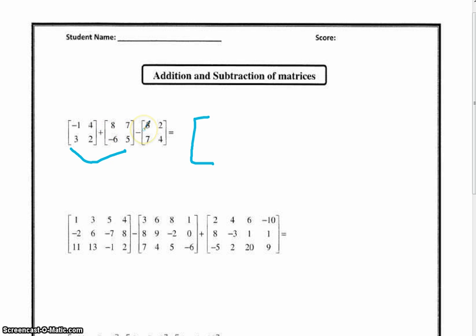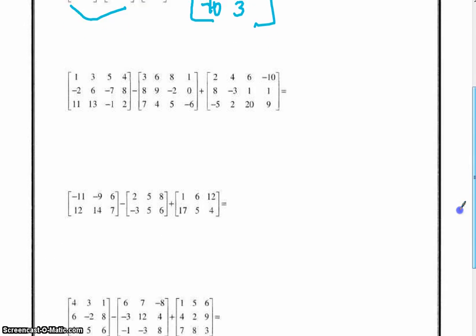Punch all that in your calculator if you want, or do it in your head. -1 plus 8 is 7, minus 3 is 4. 4 plus 7 is 11, minus 2 is 9. 3 plus -6 is -3. -3 minus 7 is -10. 2 plus 5 is 7, minus 4 is 3. So don't let it confuse you if there's 3 different matrices. It all still works the same.